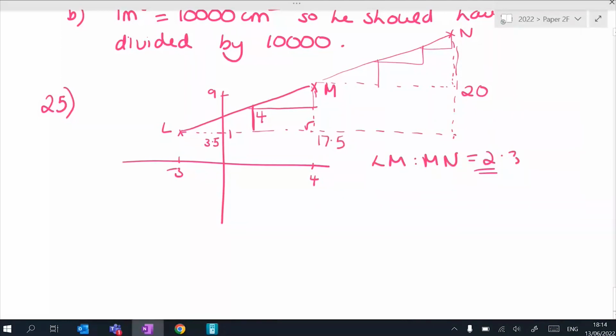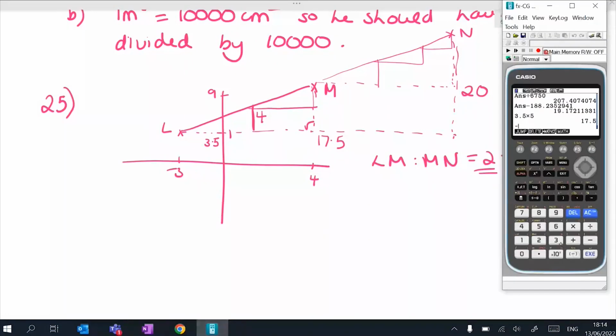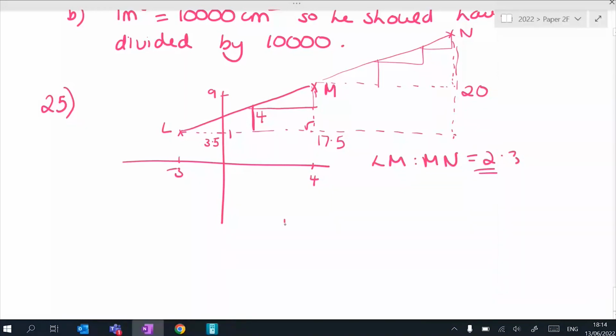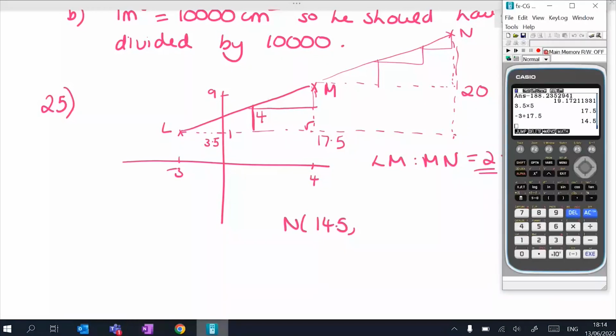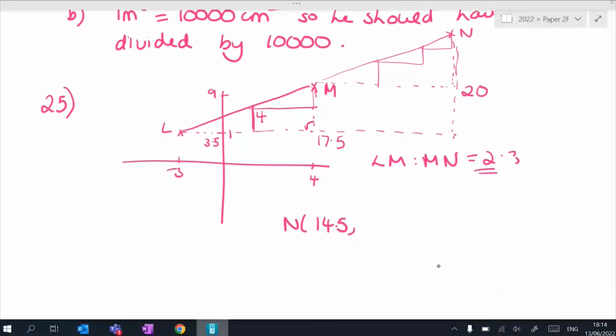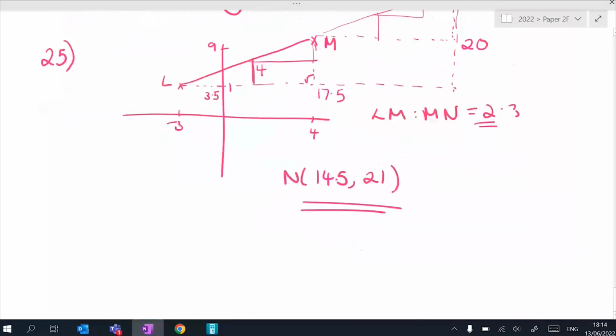Okay, so my coordinates for N are 17.5 on from -3, so 14.5. And then 20 up from 1, was that? So 21. Okay, so not too tricky if you draw a good diagram.